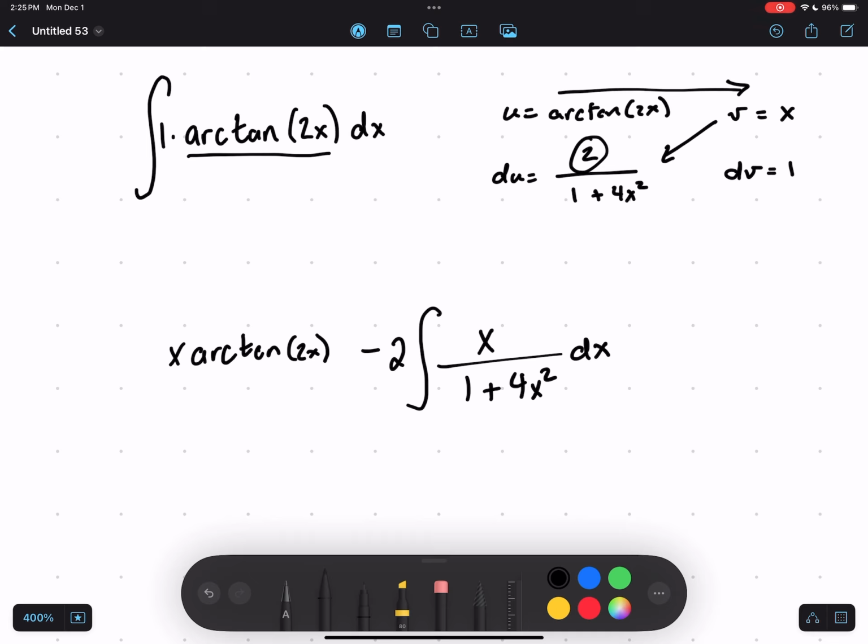So this is our official skeleton of the integration by parts problem that we've worked out from the initial integral.